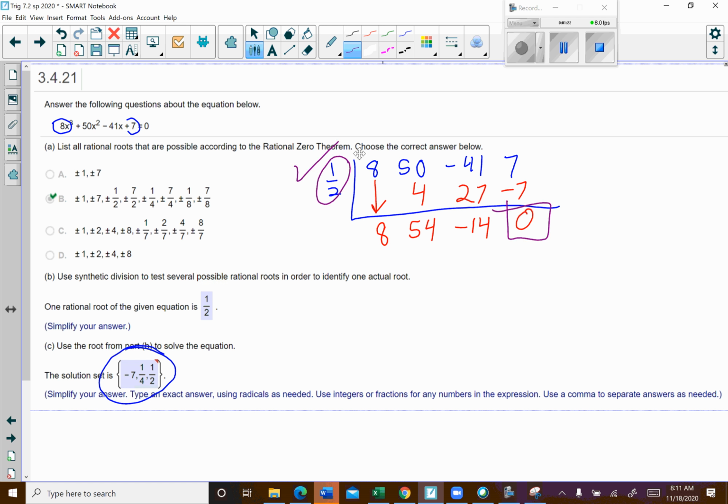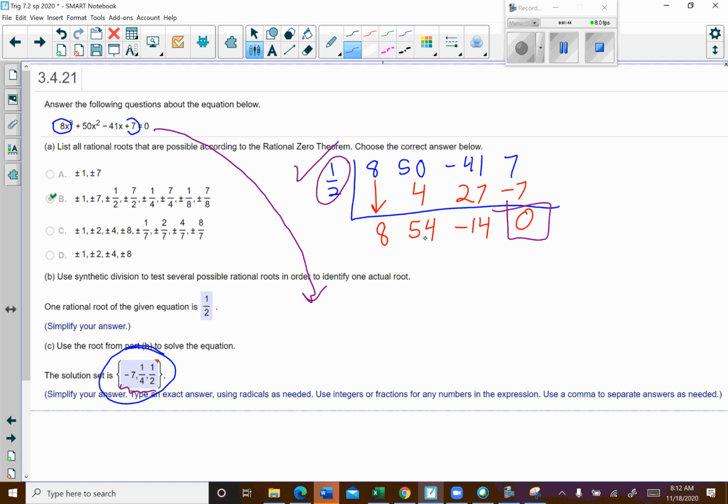Now, these are the correct answers down here for part C. If I would have used 1/4 or -7, all those would be good too. All those answers would work also. So let me really hammer home what's going on here. What synthetic division really does is it factors the problem.